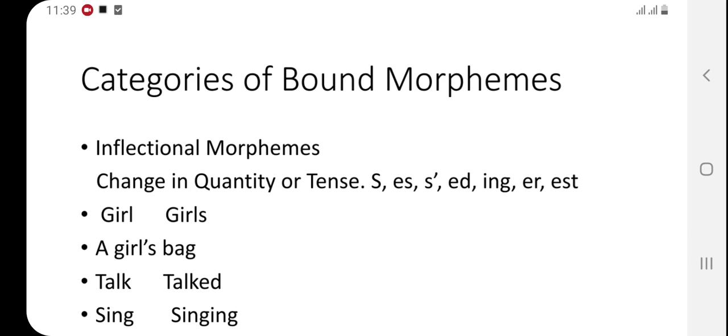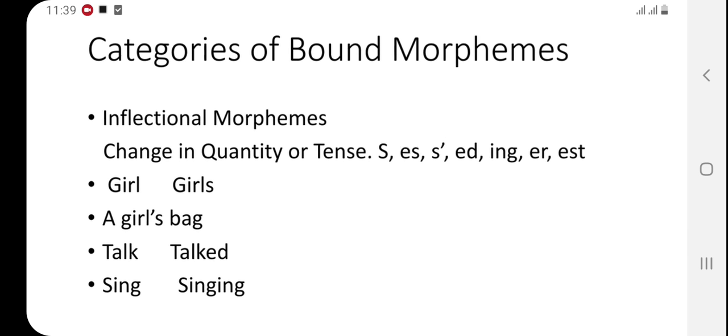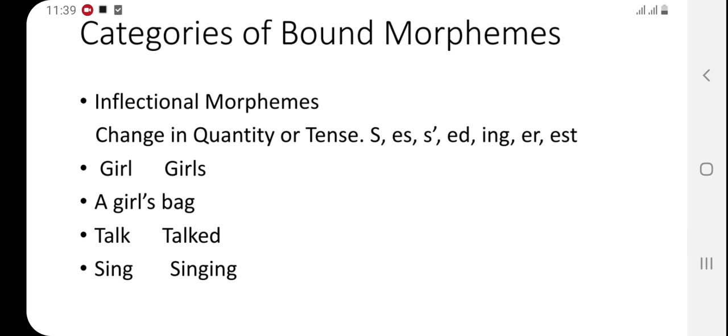Then we have this es. I mean s and es both, somewhere we attach s and sometimes we attach es. Then we have s with an apostrophe, like a girl's bag. Apostrophe means a comma that is placed on the upper side. So a girl's bag means this bag belongs to the specific girl, or a boy's bicycle or a girl's bicycle.